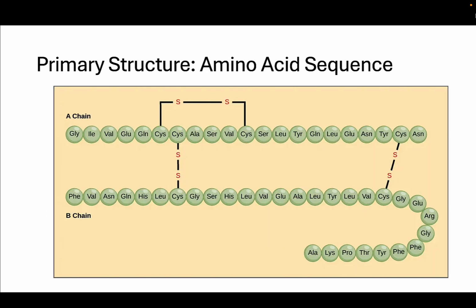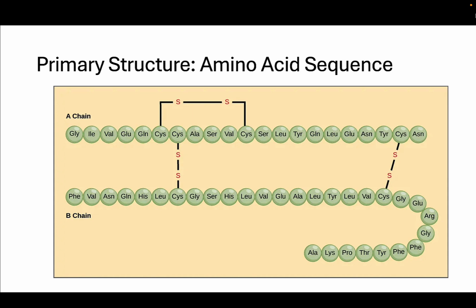The first level of structure is the amino acid sequence, and this is a small protein that's actually made of two distinct chains. It highlights this well because in the A chain of this protein, we see just a sequence of amino acids, and in the B chain, we have a sequence of amino acids. Notable here are these connectors with S, called a disulfide bridge. We'll talk about that soon.